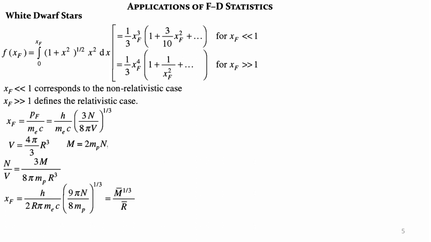So he has put this N over V, which is perfectly fine. x_f is equal to... yeah, there is again a blunder which he has made here.